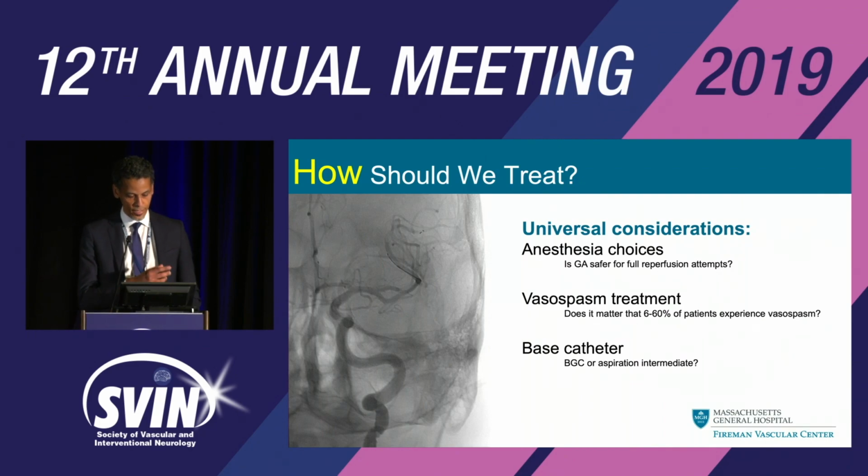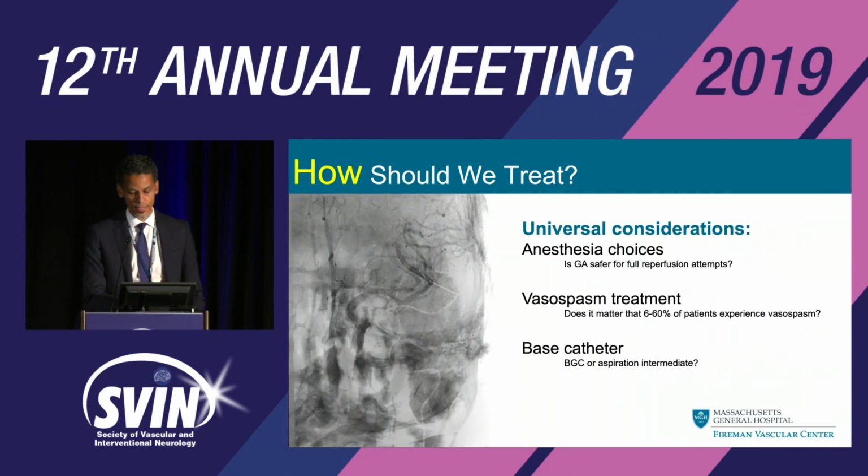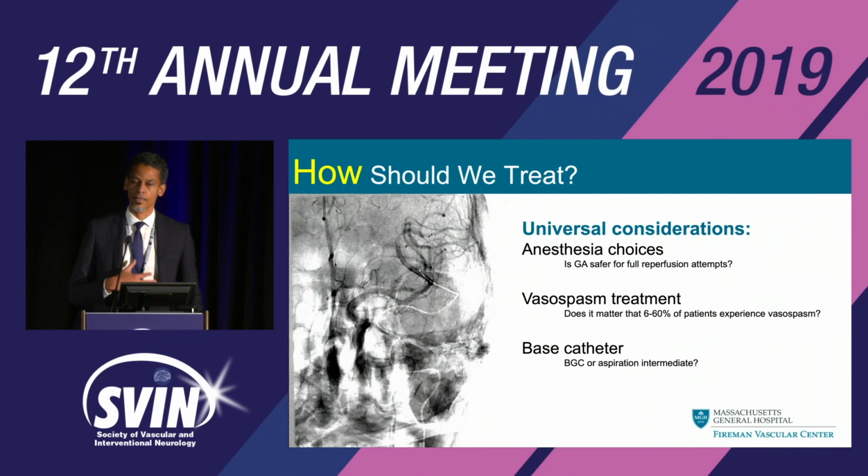But you can see here an image of our stent retriever out in an M3, distal M2, proximal M3. And when you have the patient moving around, it's certainly a disquieting feeling, much more so than in a proximal vessel. So as we chase these distal occlusions more, should we be thinking about doing more GA, especially since we don't have evidence that it seems to harm patients, as we all feared?